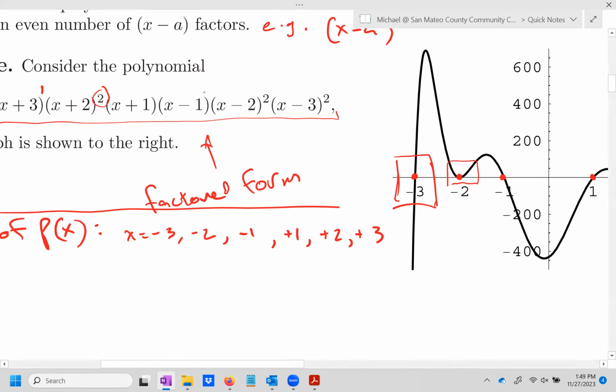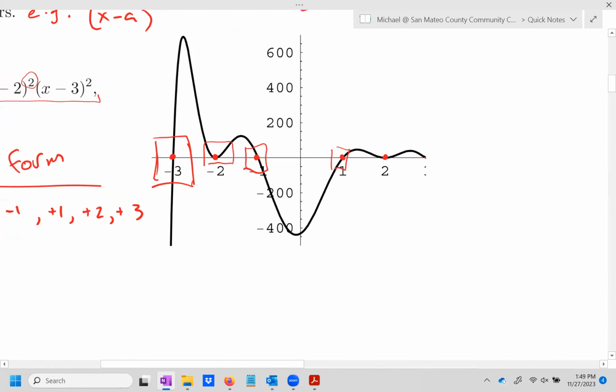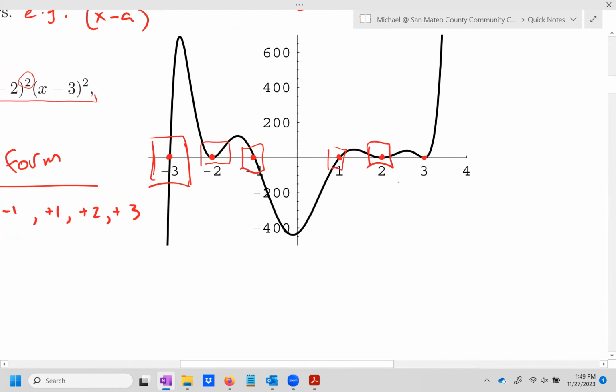And the other ones are first degree, so they look like a line, and then they look like a line, and then what's going to happen? It's going to bounce off the x-axis. And then it bounces off the x-axis at 3 as well.